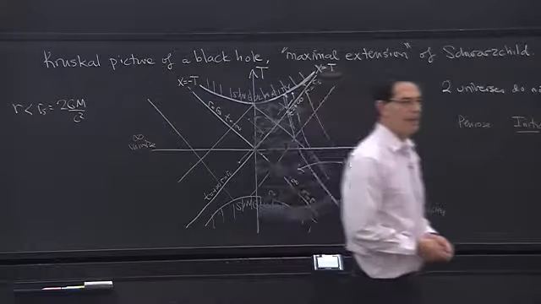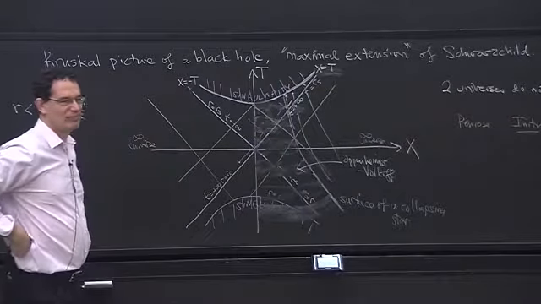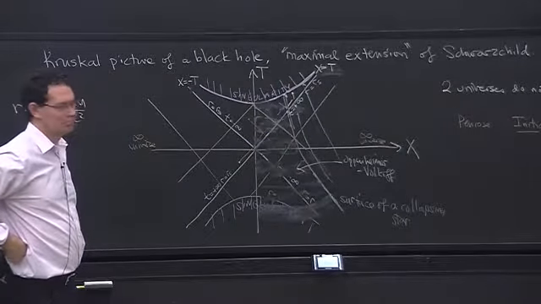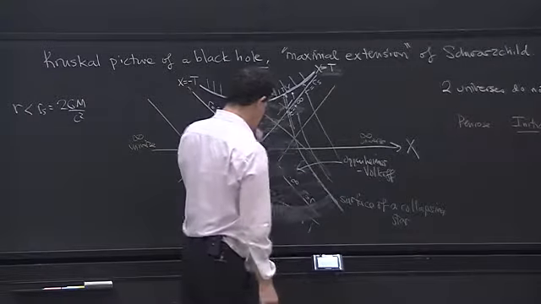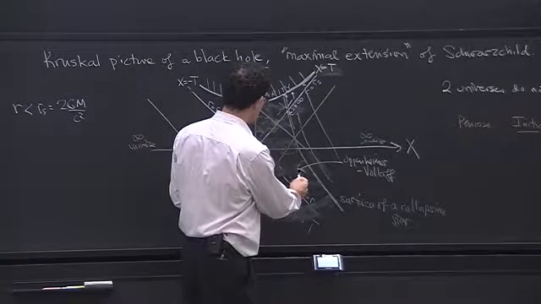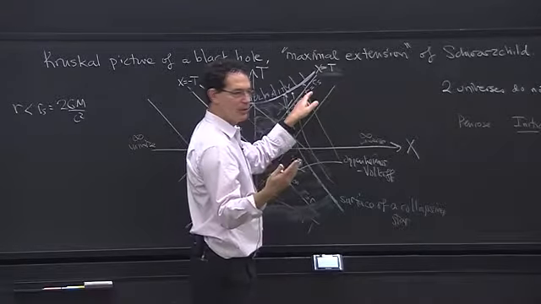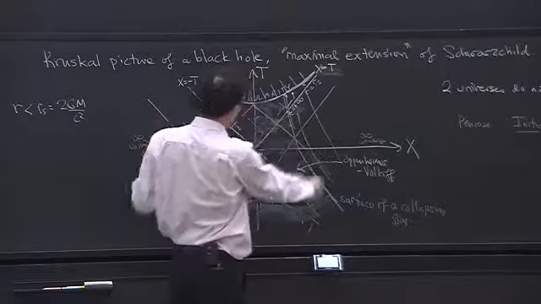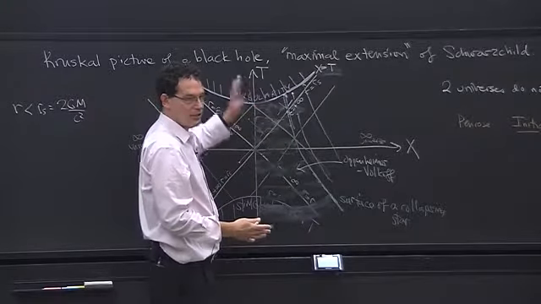Does the parallel universe still exist when you have a collapsing star? No. It's not part of the solution anymore. Well, no, because in this solution, let me see how it goes. You see, the meaning of r, this radial coordinate, in this picture is all to do with the Schwarzschild solution, right?